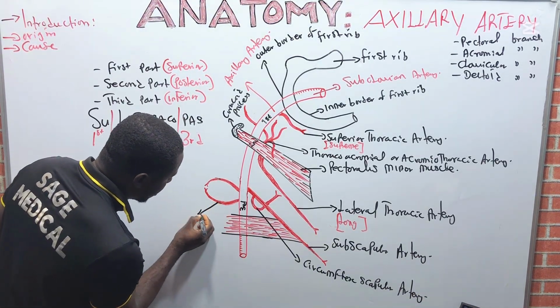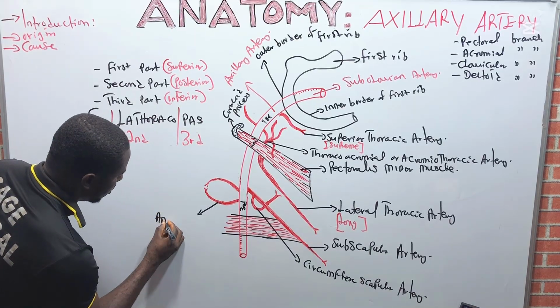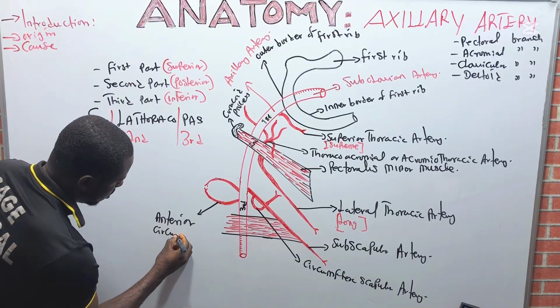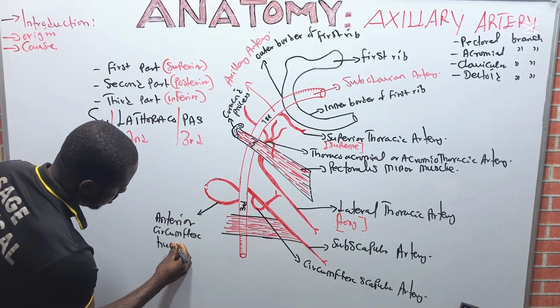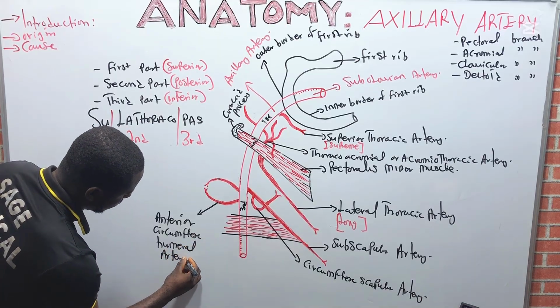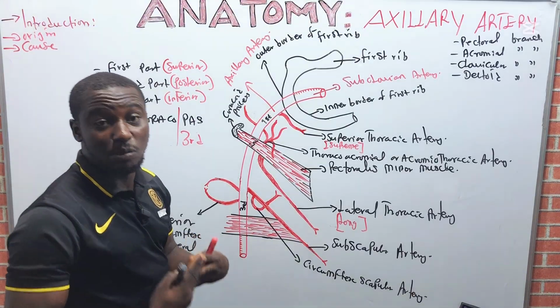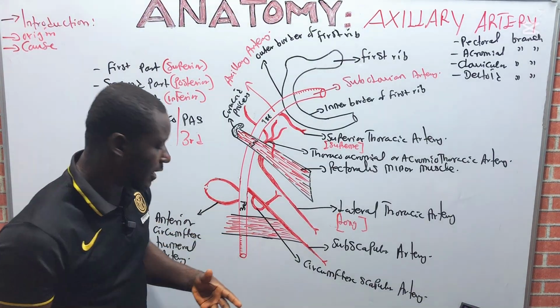We have the anterior circumflex humeral artery. The anterior circumflex humeral artery is a very small branch that arises from the third part of the axillary artery.